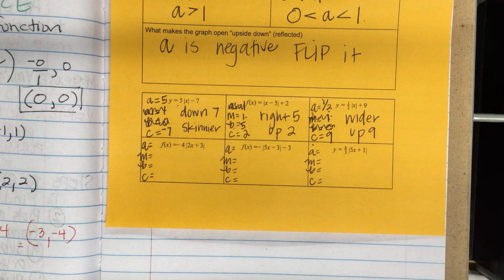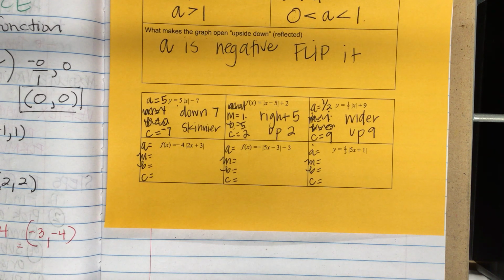Next one. What do you see? A, M, B, C. Who can tell me? Is this easier than graphing every single problem? Yeah. What's your A value?